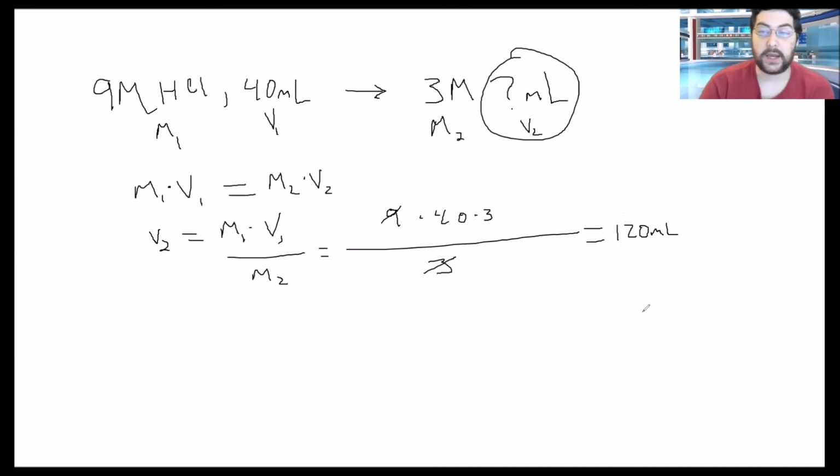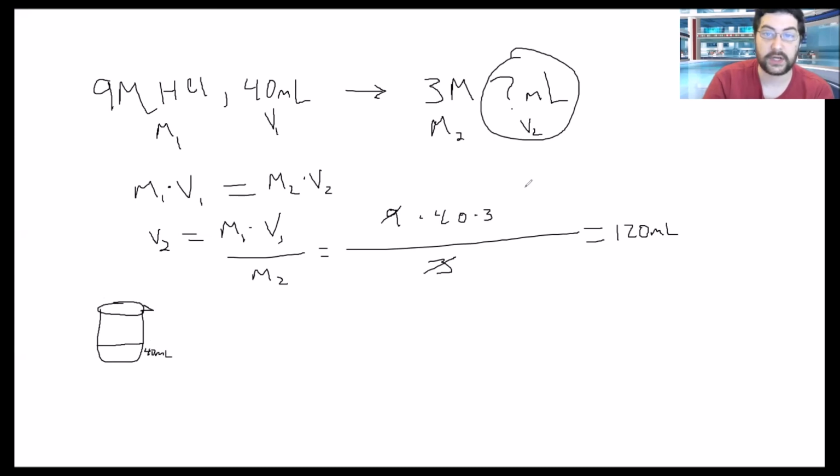Now another question that I could ask is, how much water would I need to add in order to do that? Because remember, if we're going to dilute something, we're adding solvent. So we have our original beaker here, and in that beaker we have our 40 milliliters of the concentrated acid.